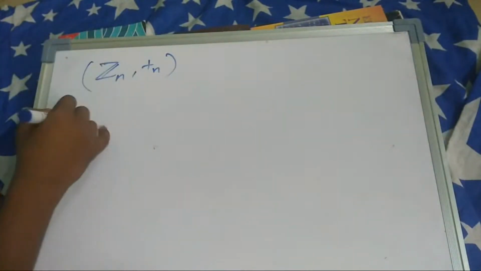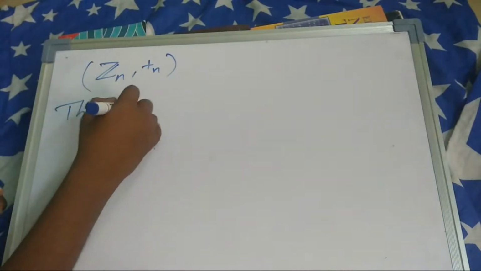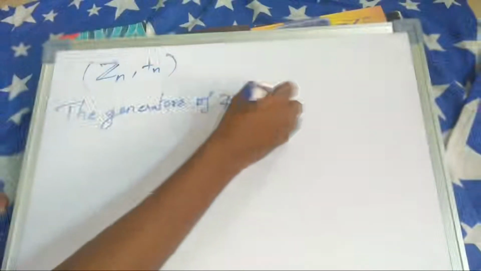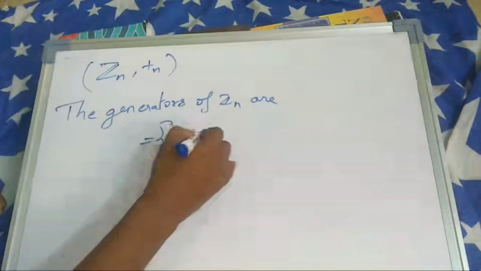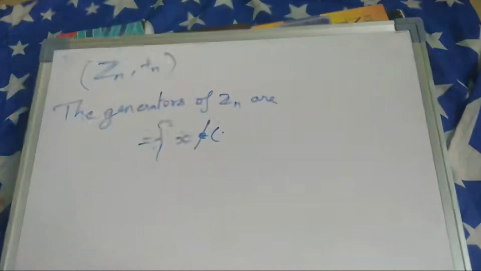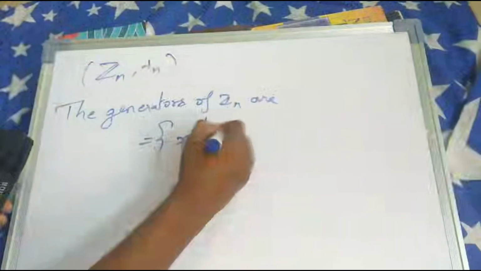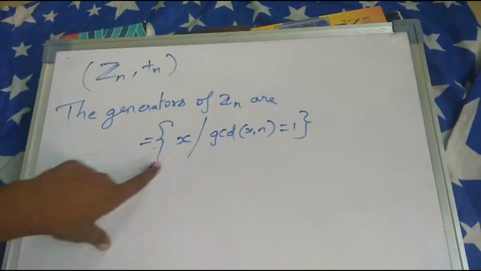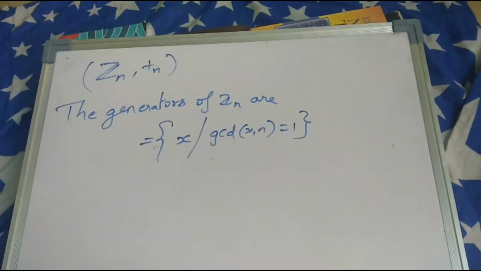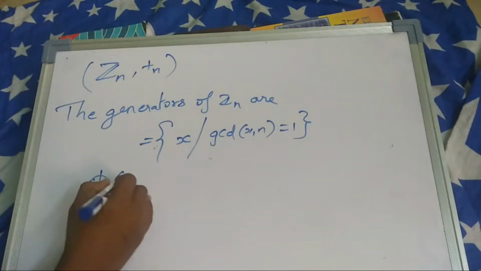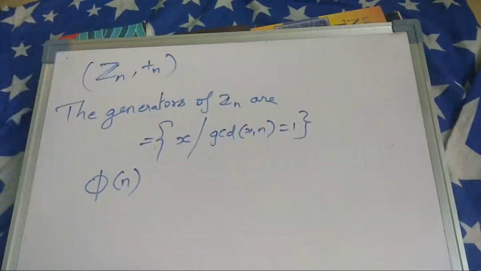In Zn, under addition modulo n, the generators of Zn are the set of all x such that GCD of x comma n happens to be 1. So these are all the generators of Zn.